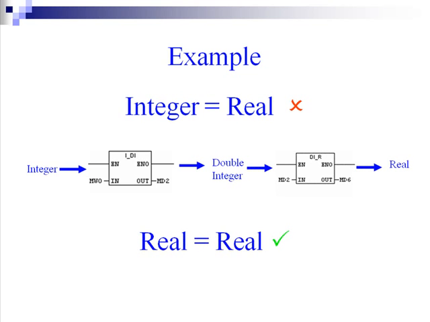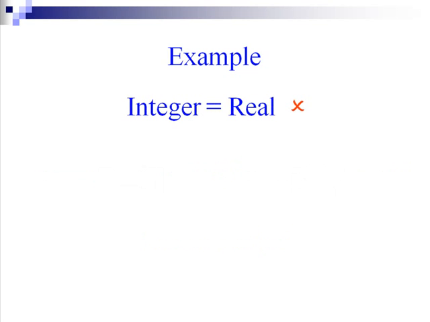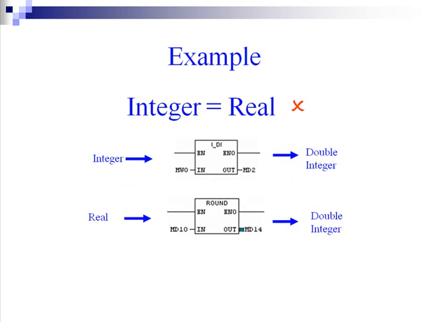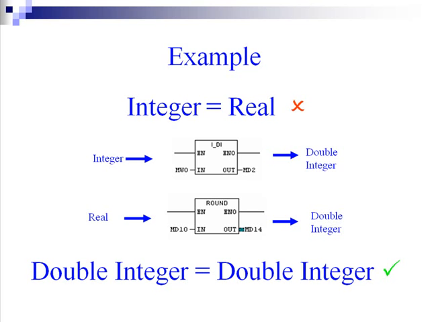I can then compare the two real numbers. Another choice would be to convert the integer to a double integer, and then also convert the real number to a double integer, using a round instruction, for example. In either case, the operation requires 2 steps before I can compare the values.